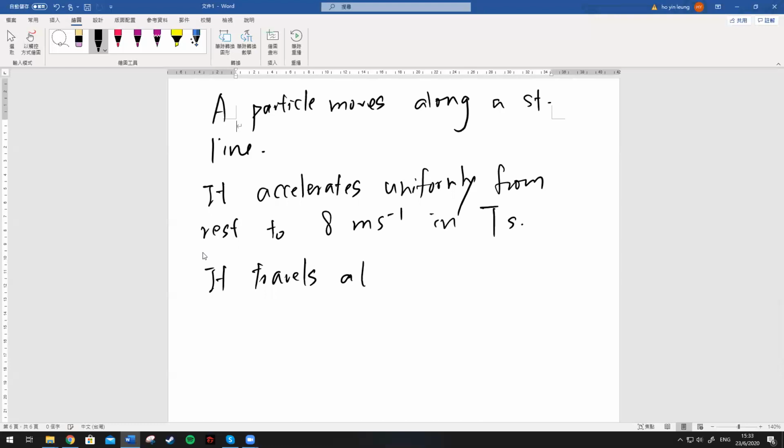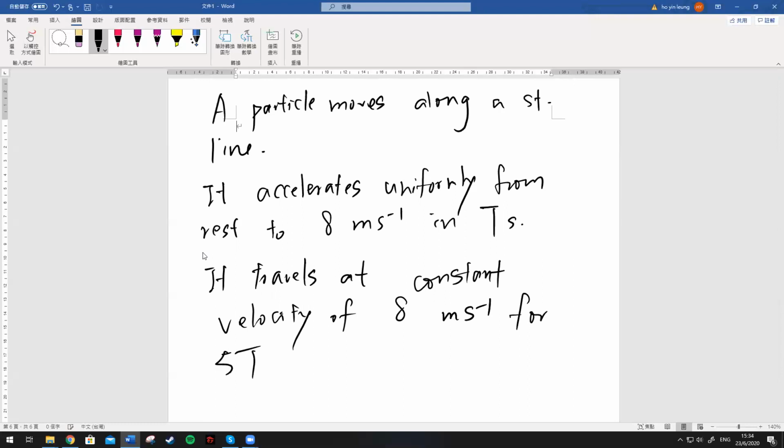That's the first condition given, and then it travels at a constant velocity of 8 meter per second for 5t seconds. That's the second condition given.